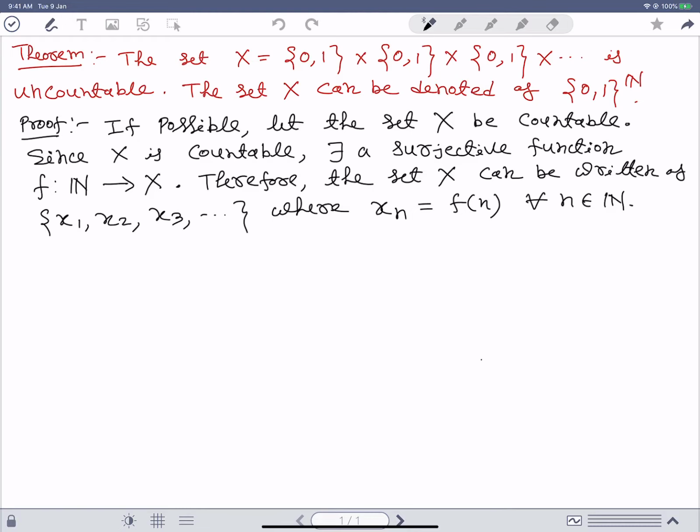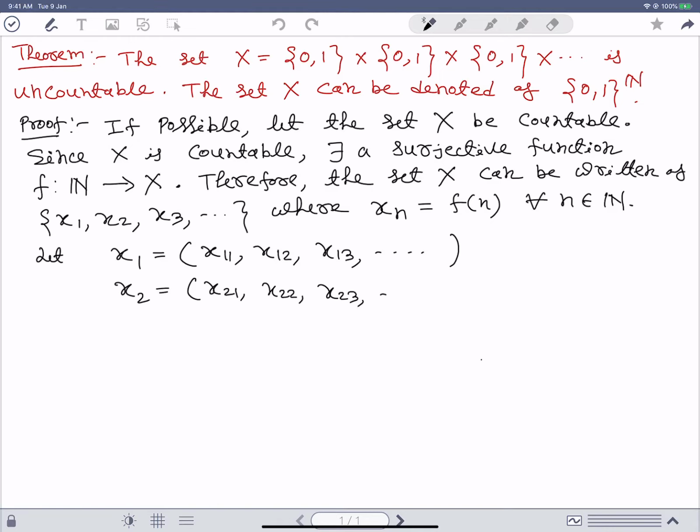So each xn is also a sequence with the entries 0 and 1, right? So now let x1 equal to that infinite pair, say x11, x12, x13 in this way. Say x2 equal to x21, x22, x23. Say x3 equal to x31, x32, x33 in this way, and it is going on.